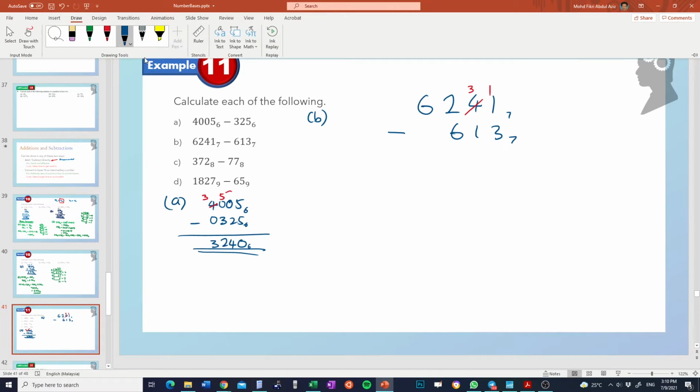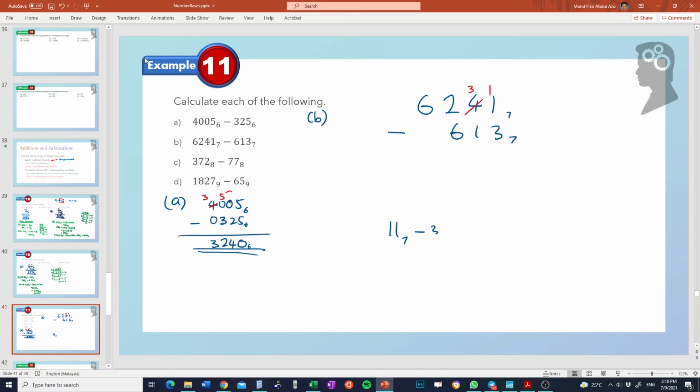Okay, so 1, 1 base 7 minus 3 base 7 is not 8. Bukan 8. Disebabkan base 7. Okay, macam ni. 6 in base 7, after 6 is 1, 0. So this is basically 7 lah in base 10.